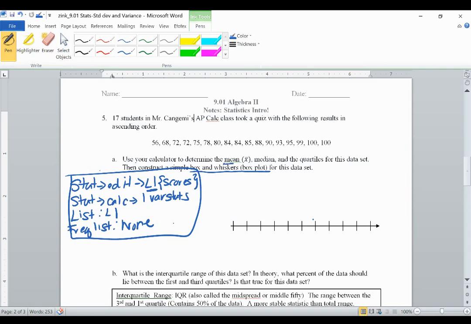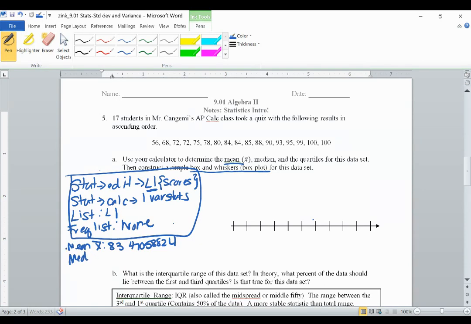So the first part asked us for the mean, which is our average or X bar. So that gives us 83.47058824. And the median, it asks for next.